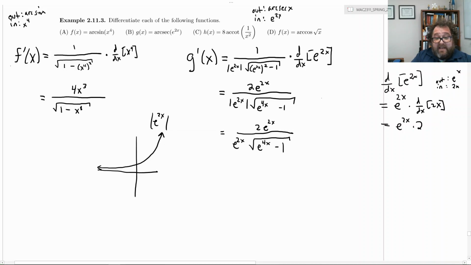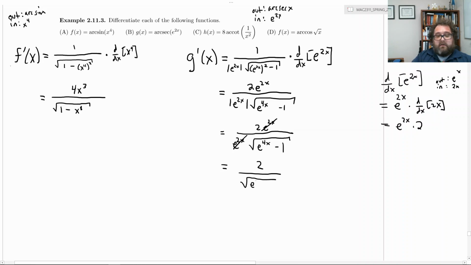So I can safely drop those absolute value symbols, but in general, you need to be very careful. A lot of students just drop them without much thought and get messed up. Now, since I've dropped those absolute value signs, I have a factor of e to the 2x and e to the 2x, and so I just get 2 over the radical of e to the 4x minus 1.